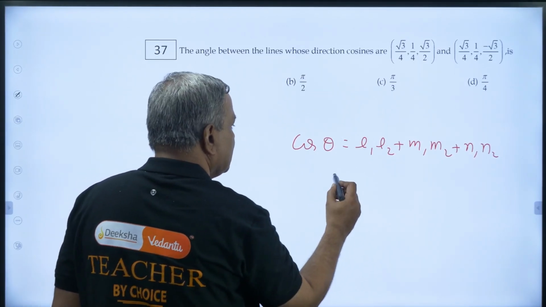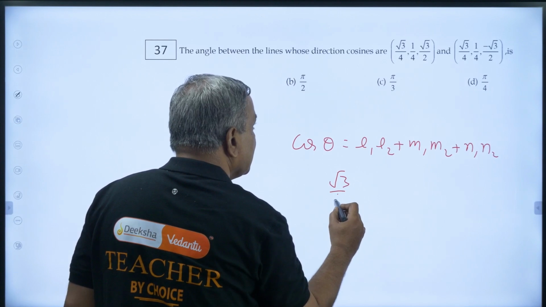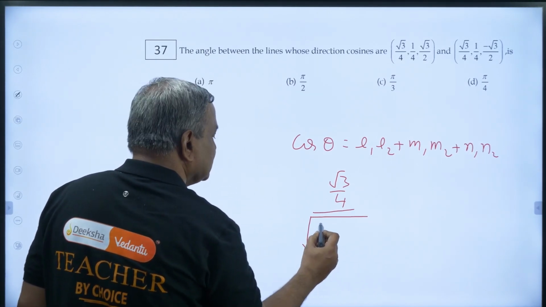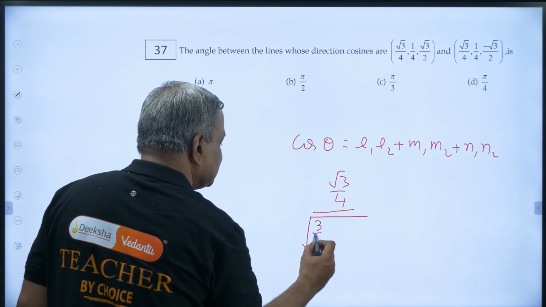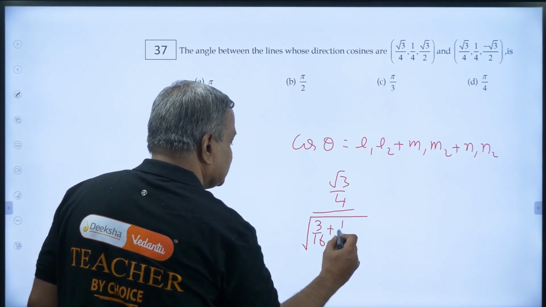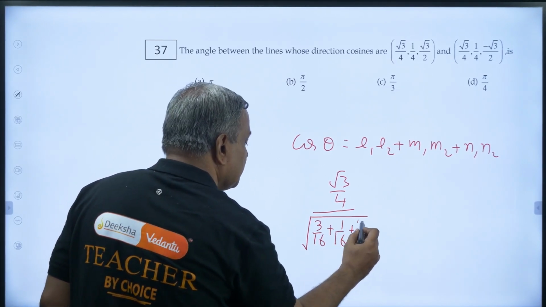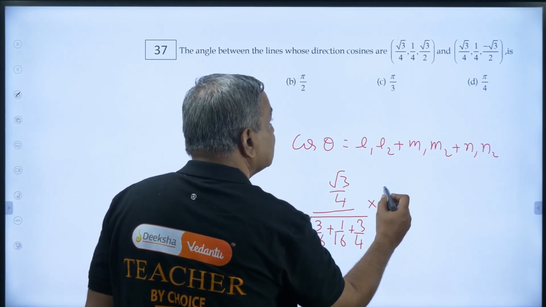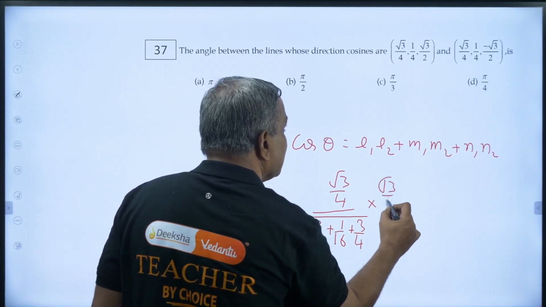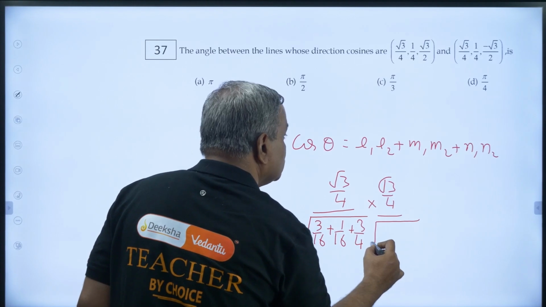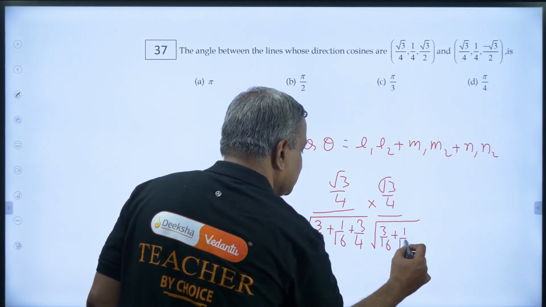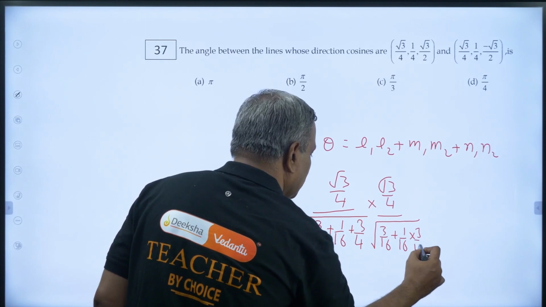This will give you root 3 by 4 by under root of 3 by 16 plus 1 by 16 plus 3 by 4, into, similarly, root 3 by 4 under root of 3 by 16 plus 1 by 16 into 3 by 4.